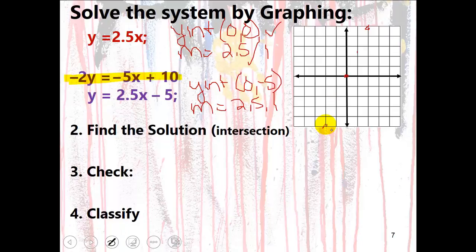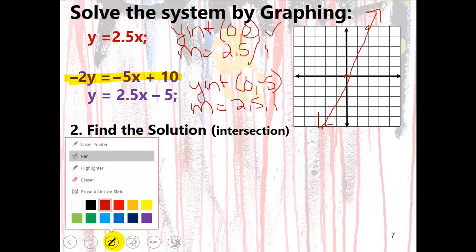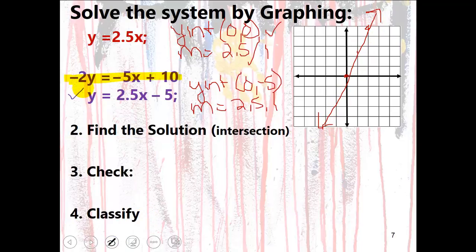Oh, and I'm going to connect them. And then this one I'm going to do in purple. And I'm going to start at (0, -5). That's down here. And I'm going to go up 2.5 over 1.